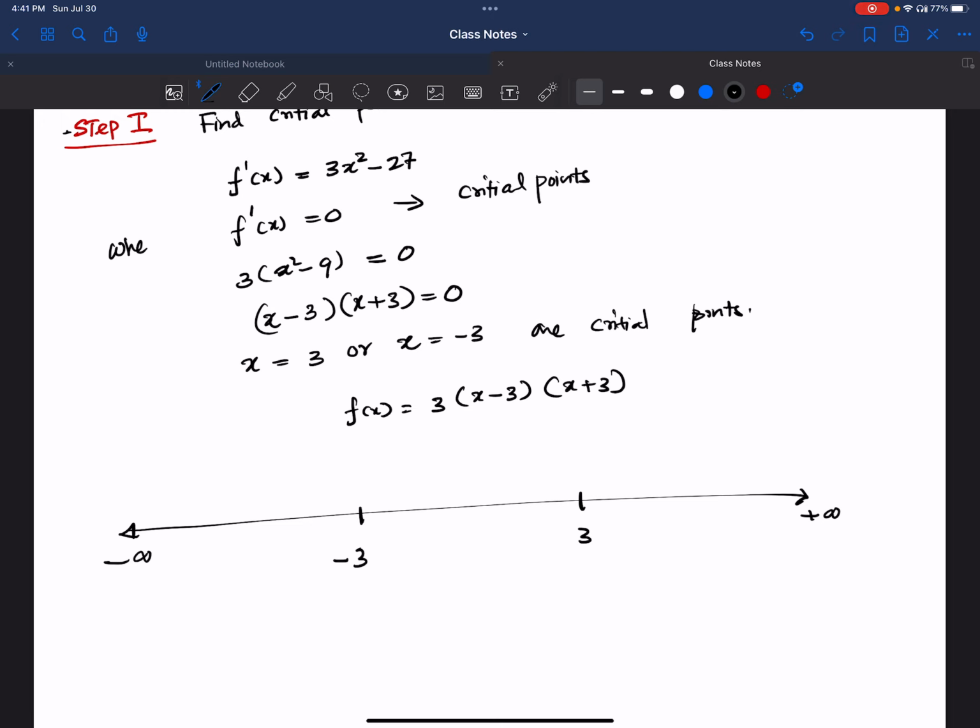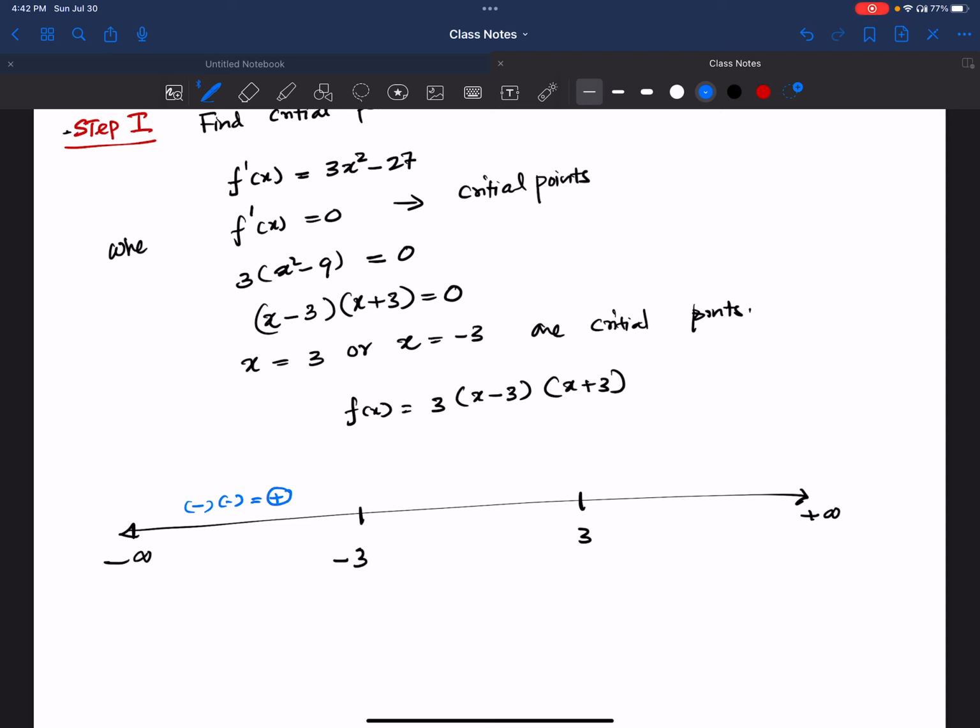If you put any value less than negative 3 in this region, I'm going to analyze this region first, this value is negative, this value is also negative, then negative times negative is positive.